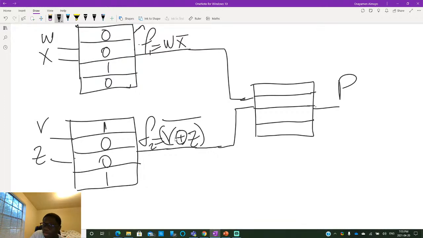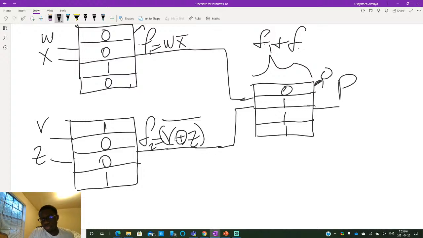For this, remember it's an OR, using convention like 0 minterm and so on. So this would be 1, this would be 1, this would be 1. So this ROM is basically F1 or F2, and that is just P.